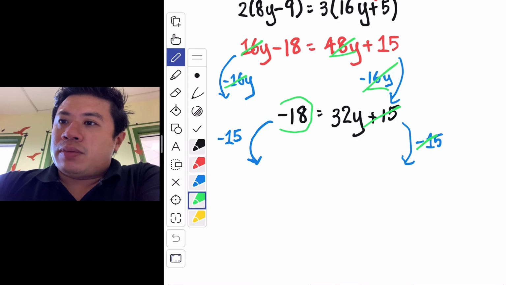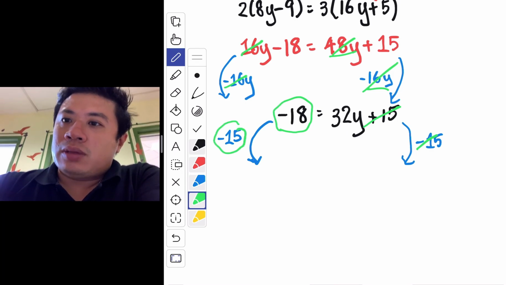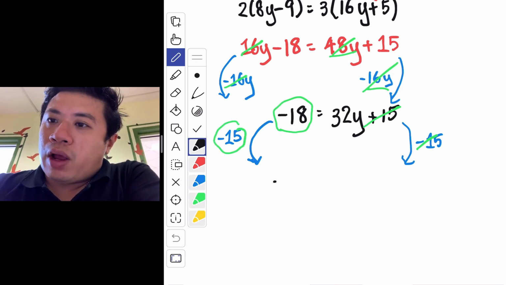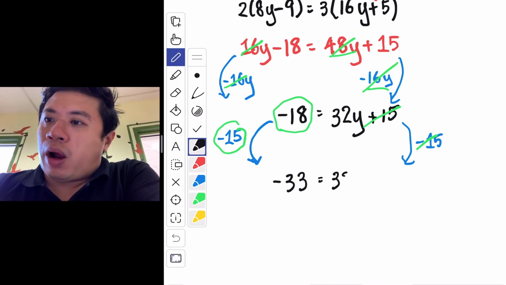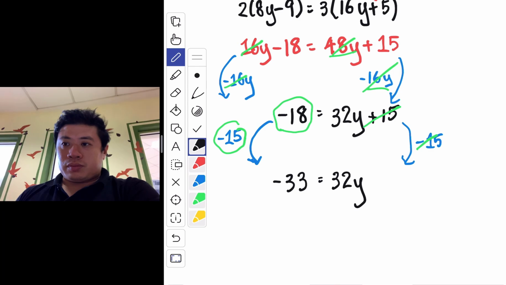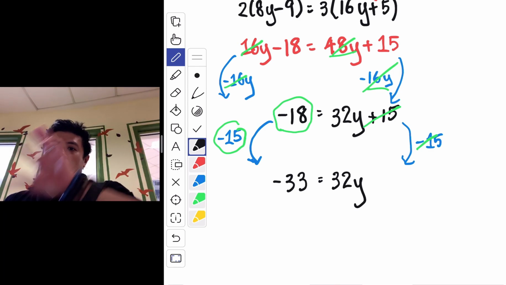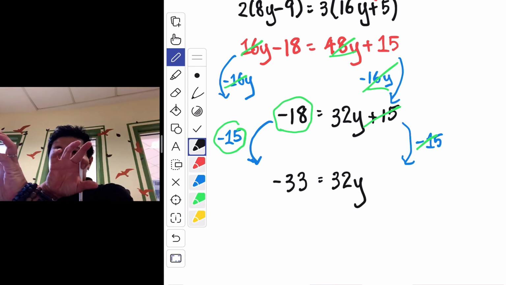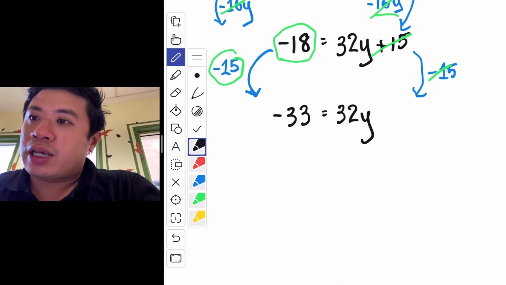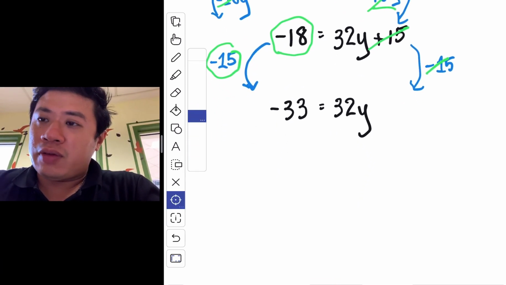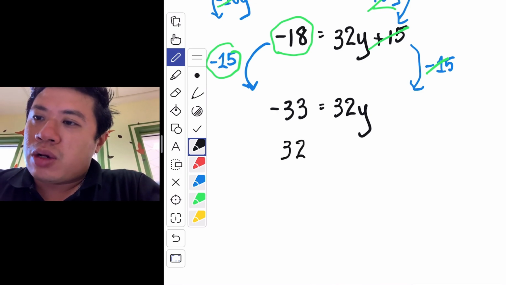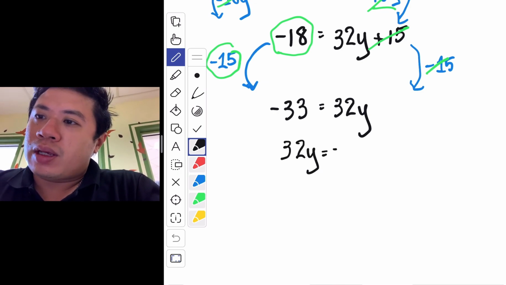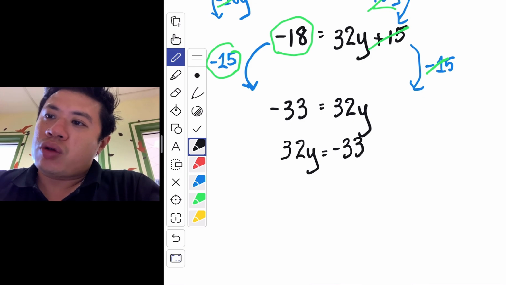Negative 15 and negative 18 gives me an overall value of negative 33 equals to 32y. Now of course, your variable is on the right. If A is equal to B, B is equal to A as well. So I can just swap the two terms. It also means that 32y is equal to negative 33.